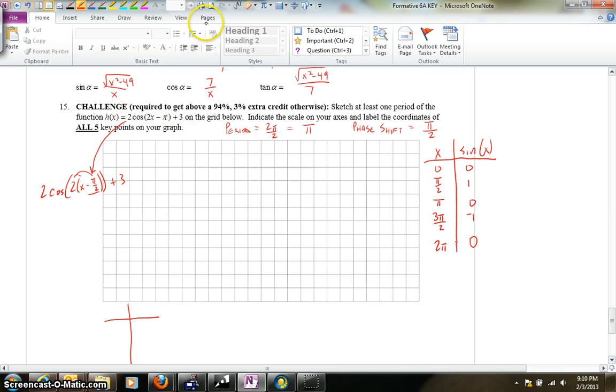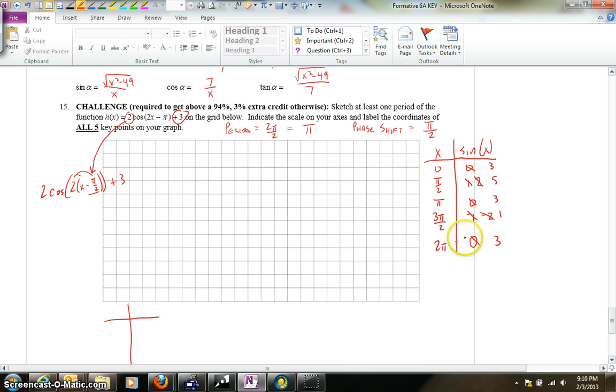I'll go ahead and take care of the things that happen to my y first. Everything is doubled first, so that becomes a 2, that becomes a negative 2, and then I'll send everything up 3. So this becomes a 3, 5, 3, 1, and 3. So those are my y's. I've taken care of that now.